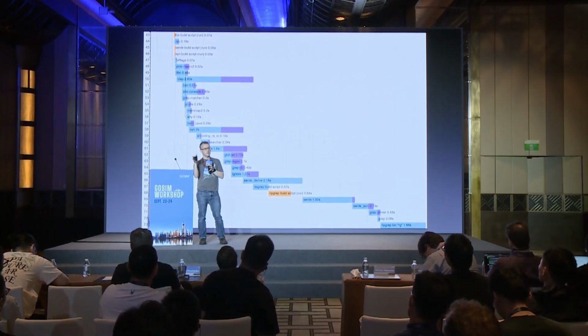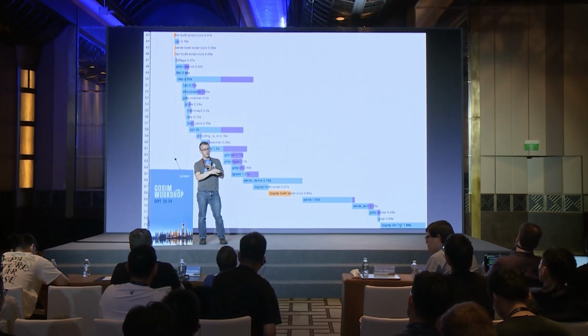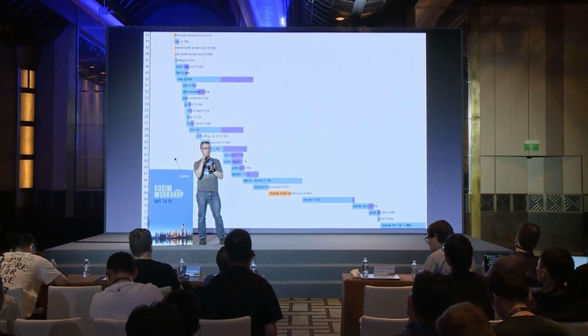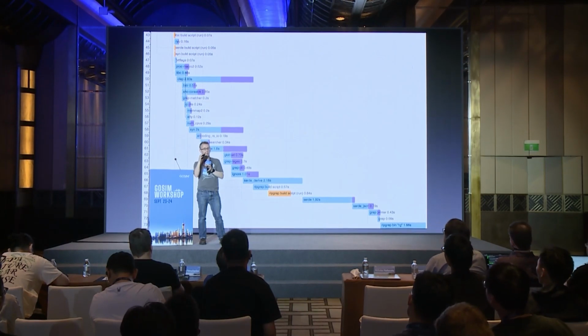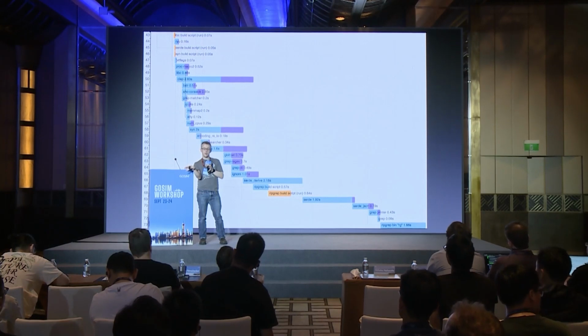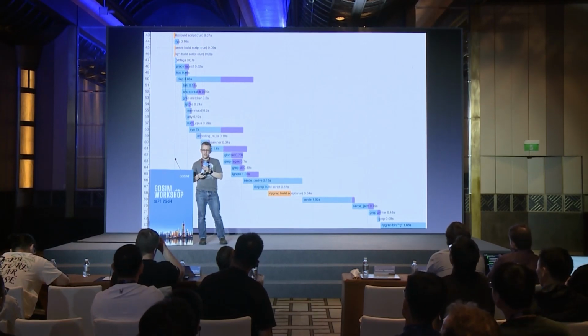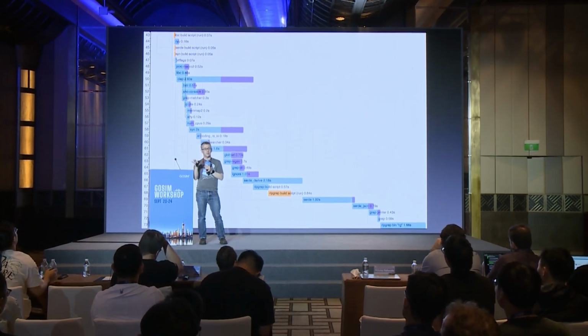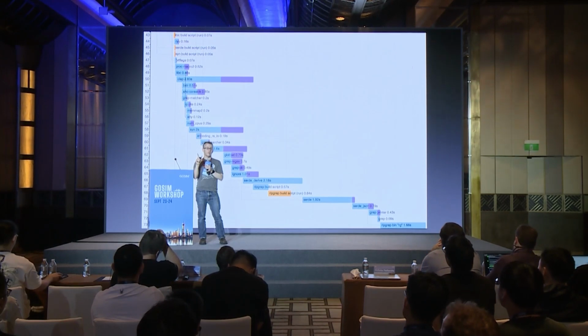Time is on the x-axis, so you can see some of these take a long time, some of them take a short time. You can also see dependencies between them, like which ones you have to compile before you can compile the ones that depend on them. You can see there are places where we are able to compile quite a lot of things in parallel, and then there are parts towards the end where we can only compile one at a time.